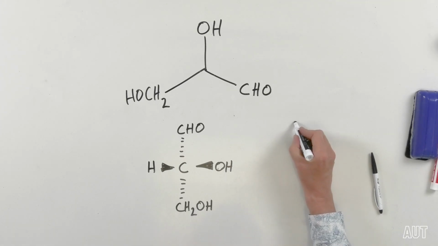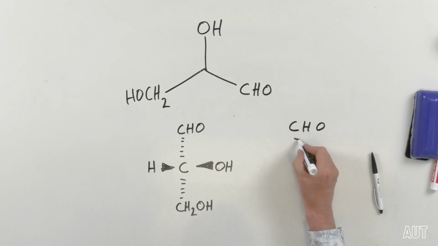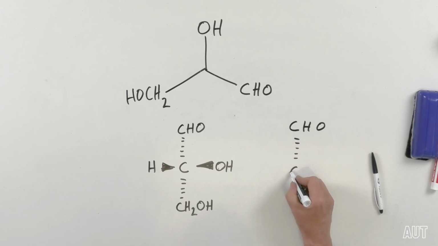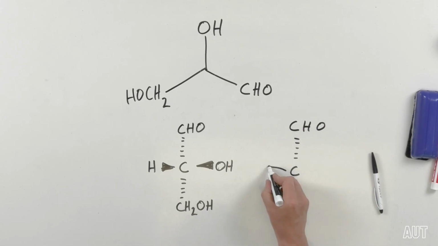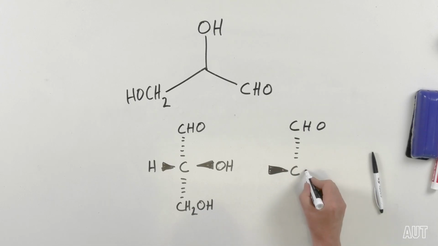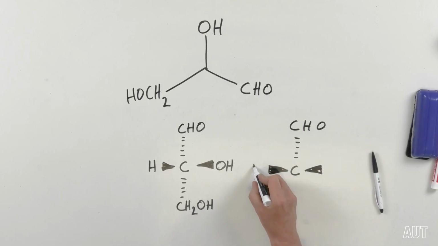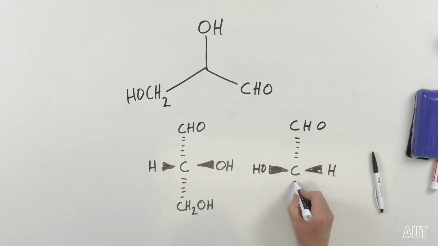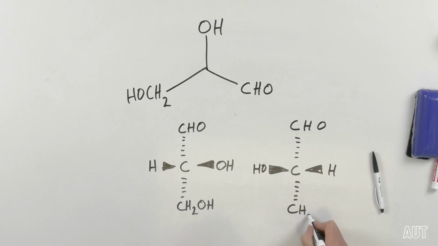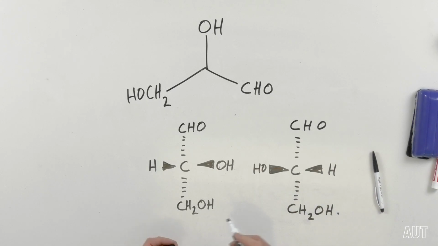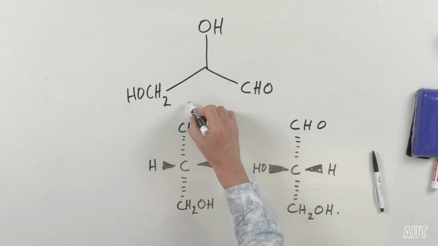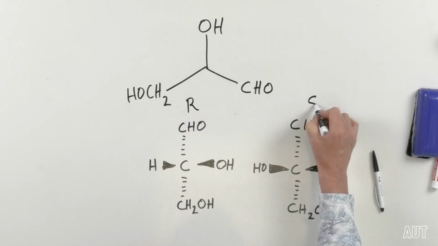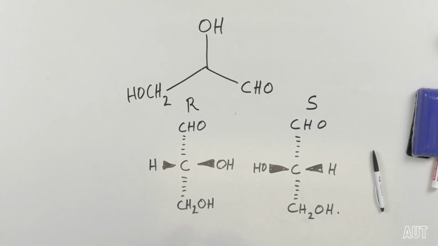And its mirror image we are going to draw in the same sort of idea like so. So this is going to be HO, this is going to be H, and this is going to be CH2OH. Okay, so those are the enantiomers of glyceraldehyde, and this one happens to be the R enantiomer, and this one happens to be the S enantiomer.